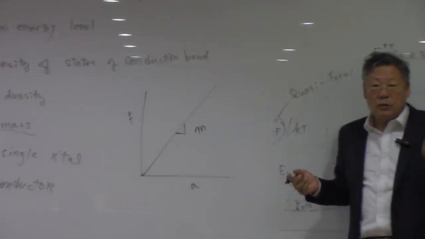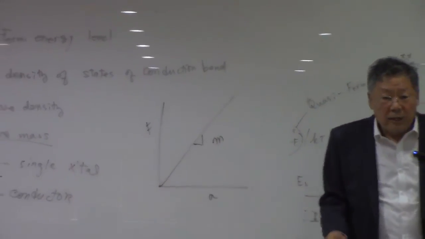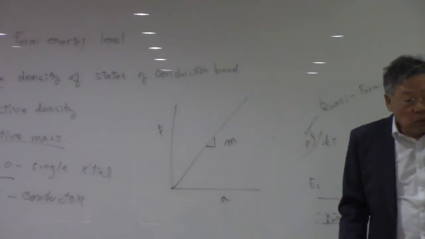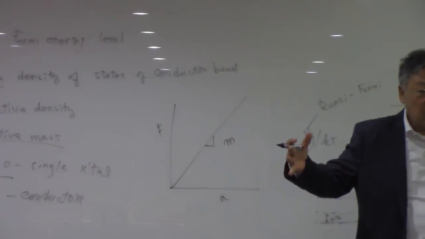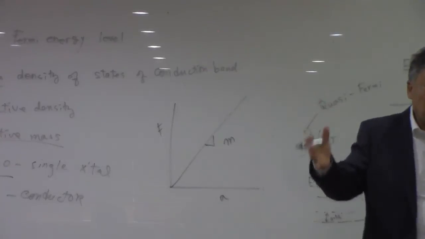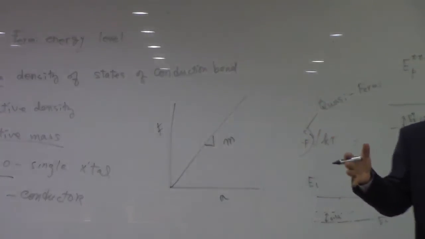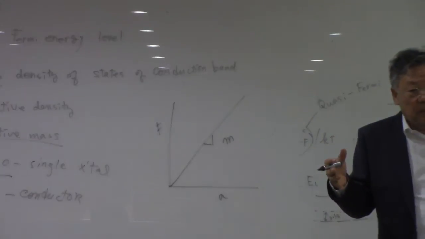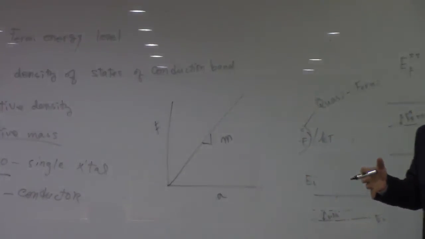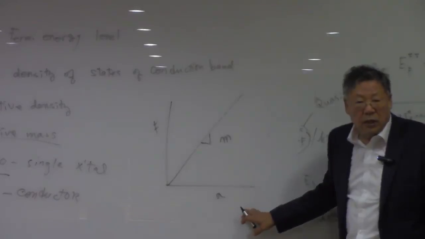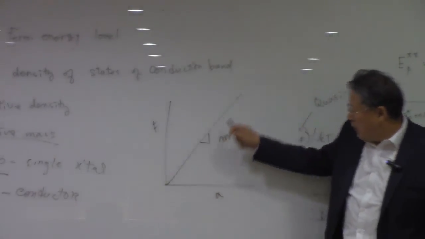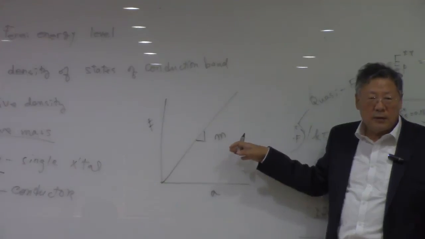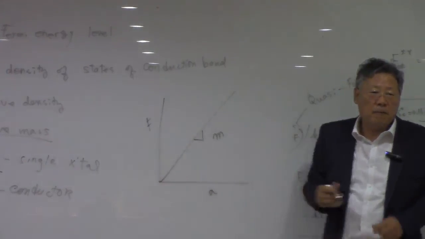So when you measure the mass of electrons, you should put the electron in the field so that you can sense the force you can obtain with the electric field. That electric field is related to the acceleration, so you're going to have a straight line. And that corresponds to the mass, and we call that the effective mass.